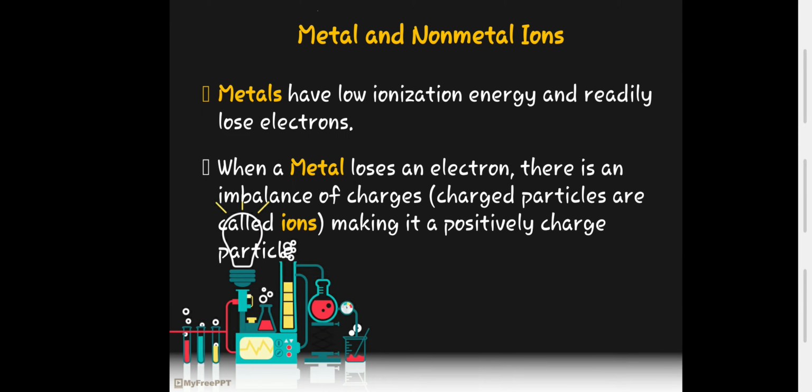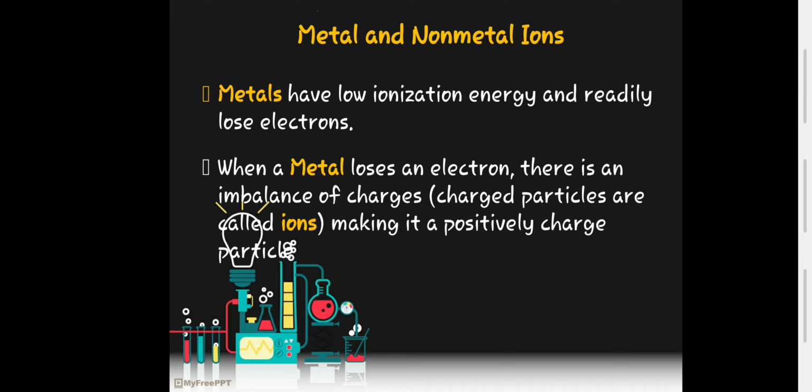Continuing, let's define metal and non-metal ions. Metals have low ionization energy and readily lose electrons, because metals are positively charged elements. When a metal loses an electron, there is an imbalance of charges. Charged particles are called ions.